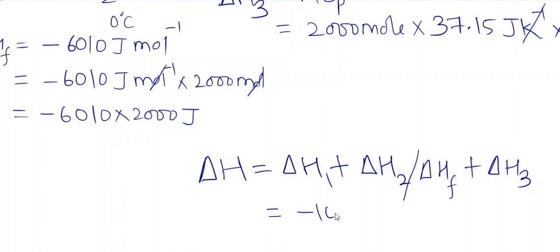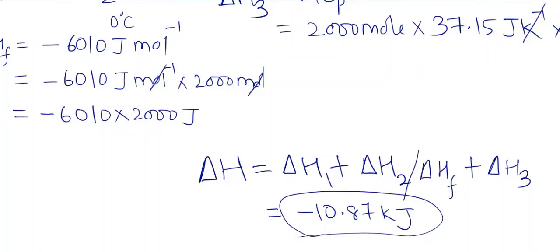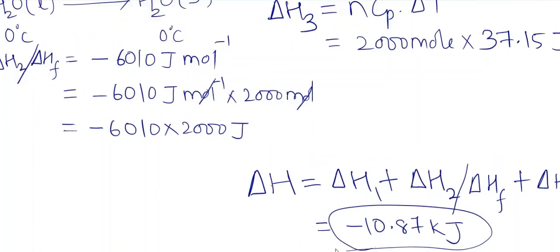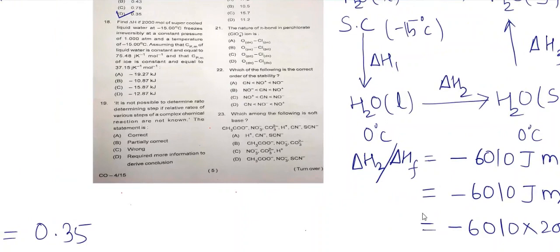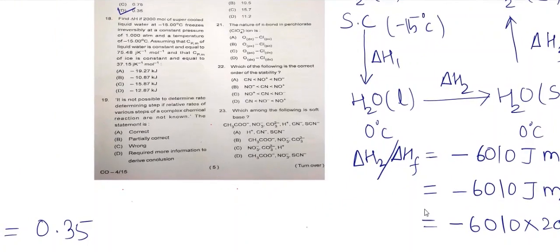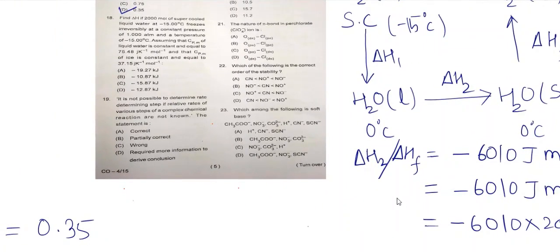Remember, kilojoule means 10 to the power 3. There are many values here, and when you round them all up, you will get minus 10.87. So question number 18 is solved.